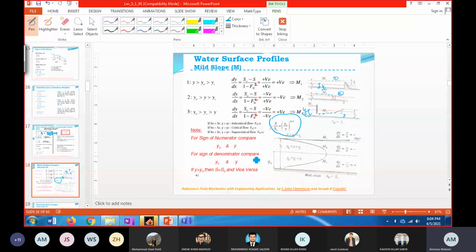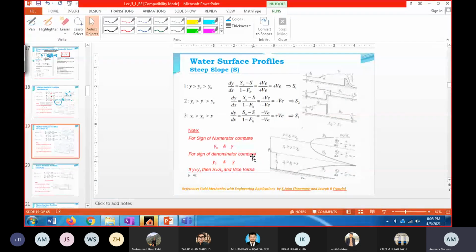Okay, let's check the water surface profile in steep slope, and the same criteria, the same governing equation, would be used to find out the distance versus depth slope.